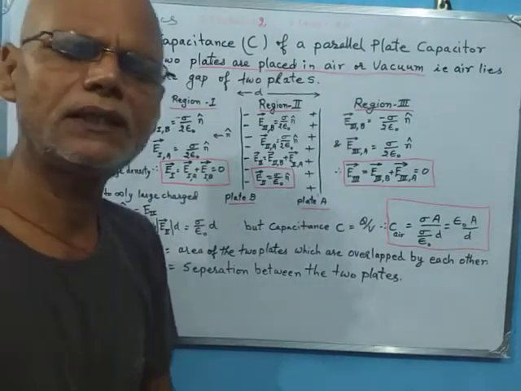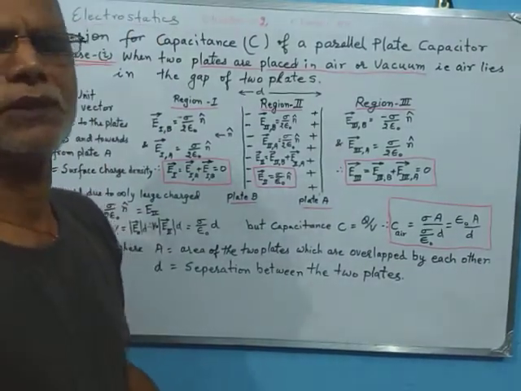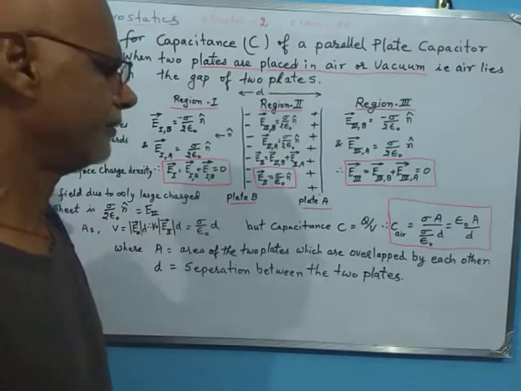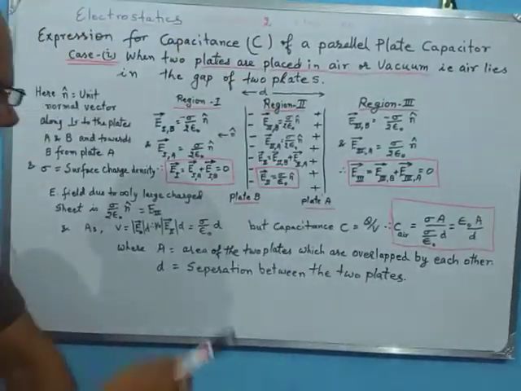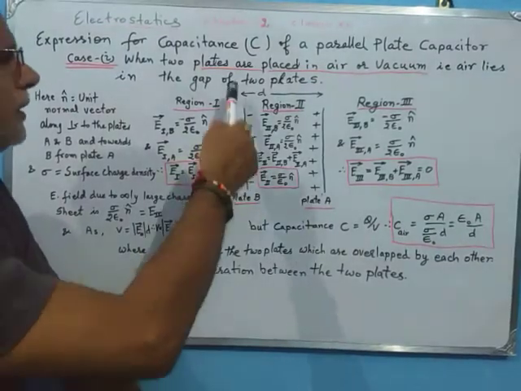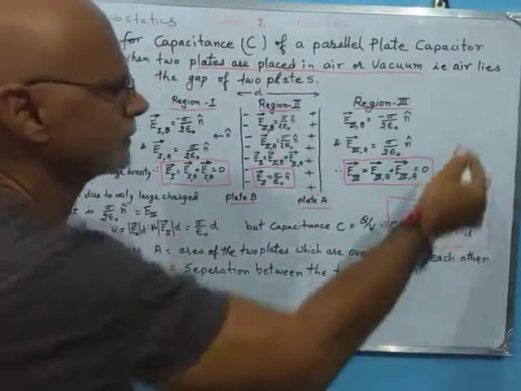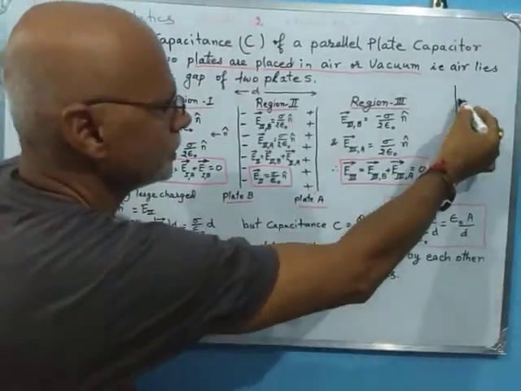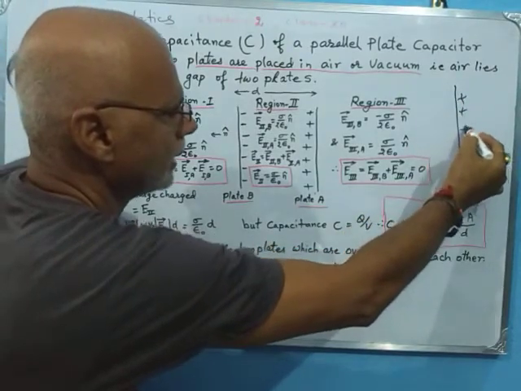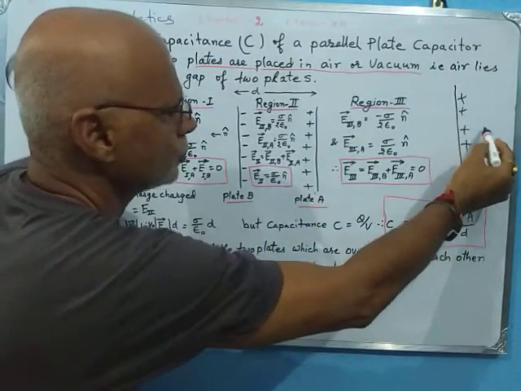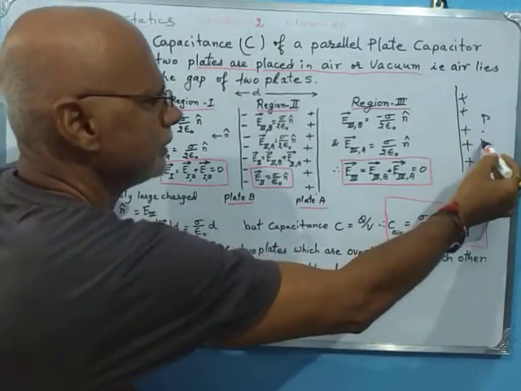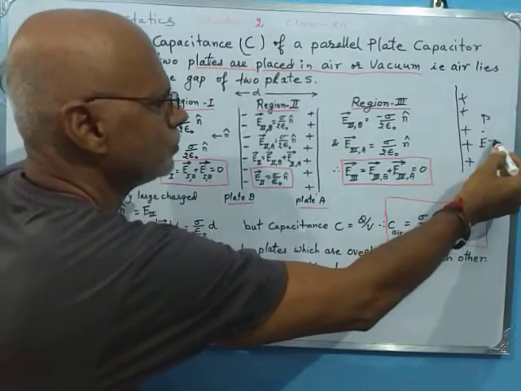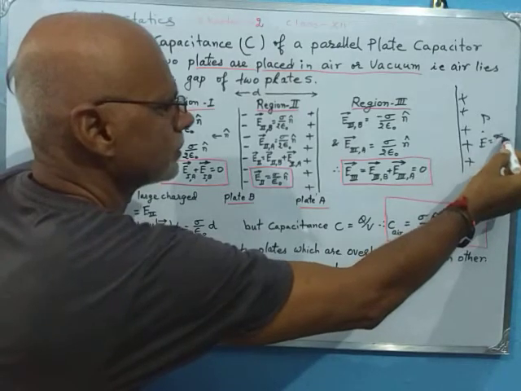And before we really talk about it, we will recall that we have found the electric field due to any charged sheet. Say for example we have a large sheet which is positively charged, and at some distance very close to it, we have already found that electric field is equal to sigma by 2 epsilon naught.